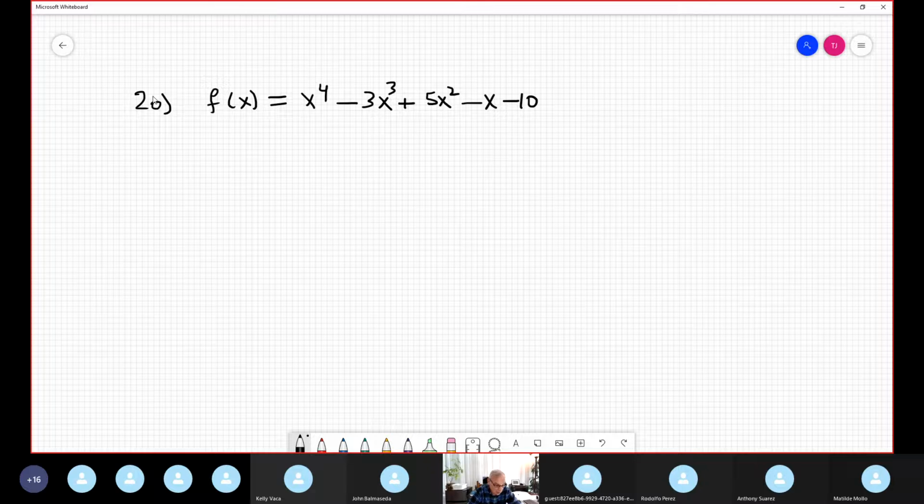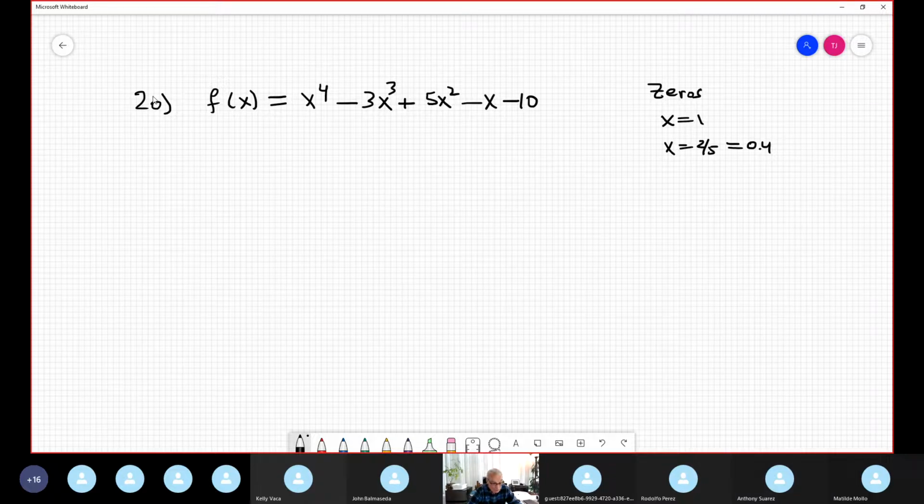Entonces en décimos I see some zeros like x equal 1, like x equal 2/5, okay, 0.4, because in decimal I see in decimal. And that's it. So let me try with this.